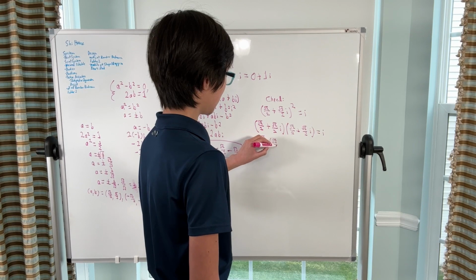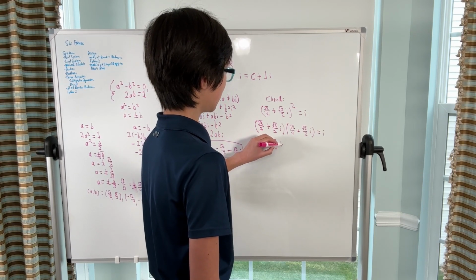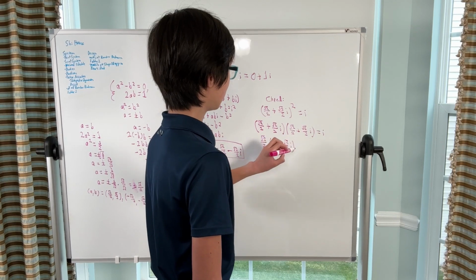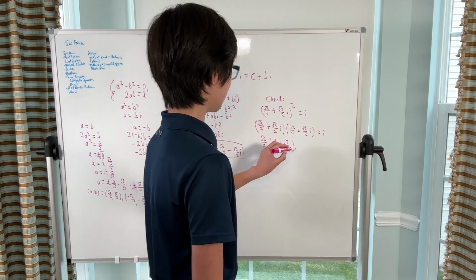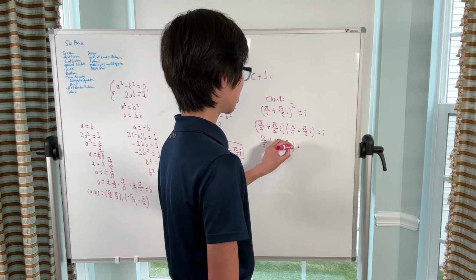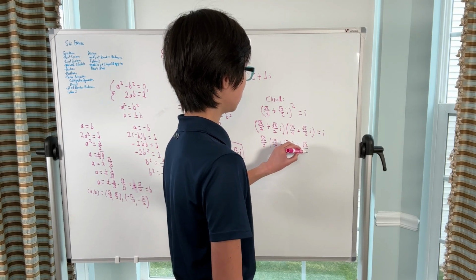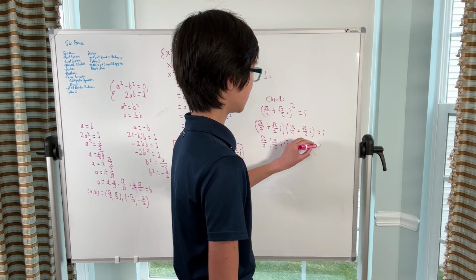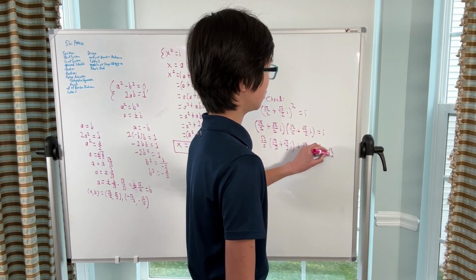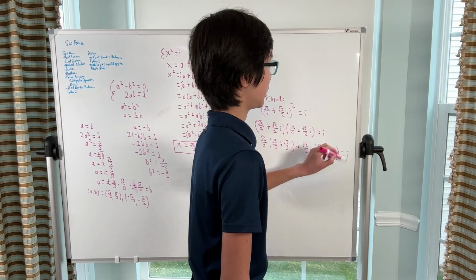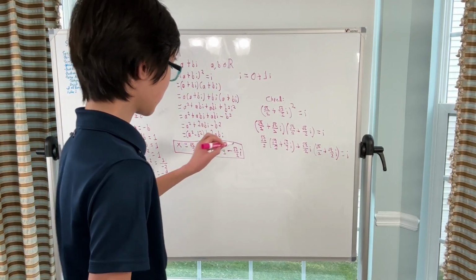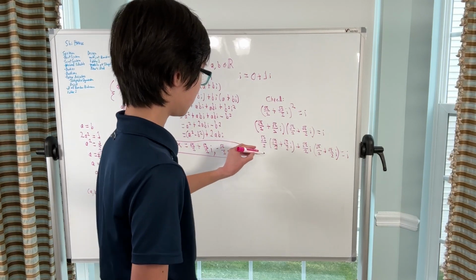Using the distributive property, we can write the square root of 2 over 2 times the square root of 2 over 2 plus the square root of 2 over 2i plus the square root of 2 over 2i times the square root of 2 over 2 plus the square root of 2 over 2i equals i. So all of this equals i.